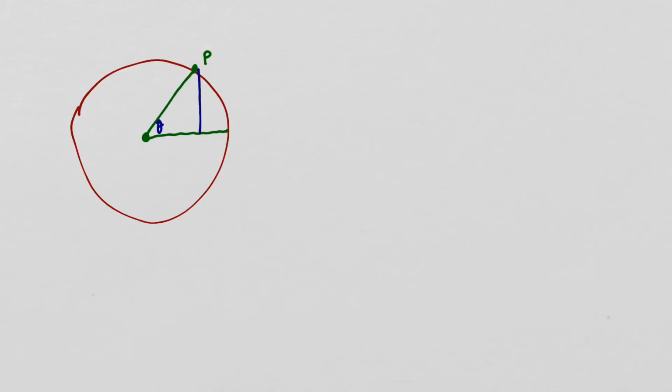Then let me go ahead and label sides. Again, we'll call this side R, we'll call this side Y, and we'll call this side X. We'll also call Y equivalently the opposite of theta, which I'll just label as opposite. We'll label the side that lies next to the angle theta adjacent. And the side R we'll also call the hypotenuse.